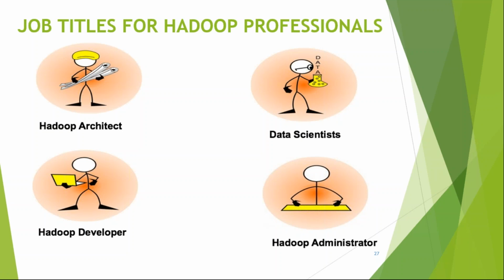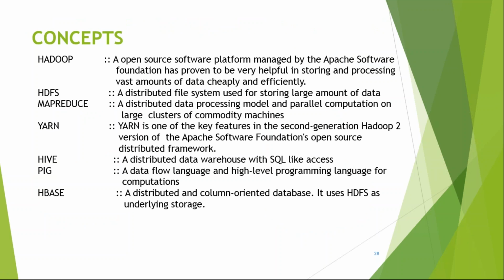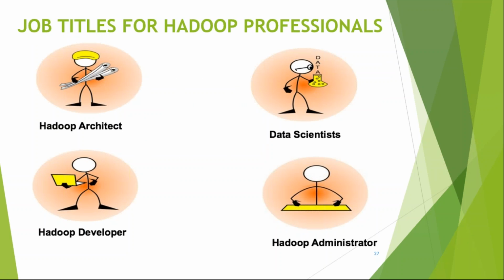To become an architect, you guys know what the architect role is. And to become a data scientist, you should be very strong in statistical analysis, and in Python or R, some machine learning languages. These are the different titles or roles you can get in Hadoop. Clear, guys?